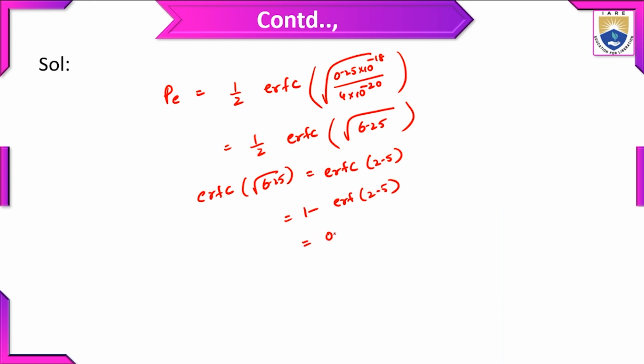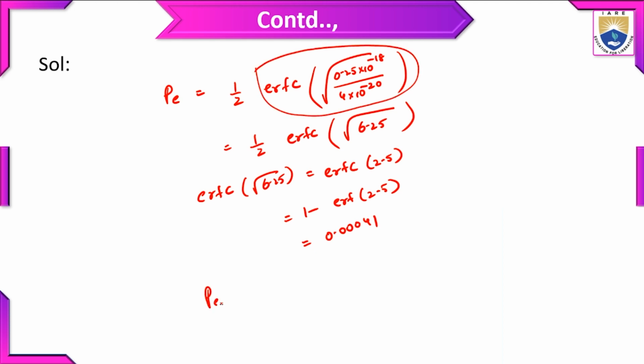Then it is equal to 0.0041. So now you substitute this ERFC value directly in the probability of error.